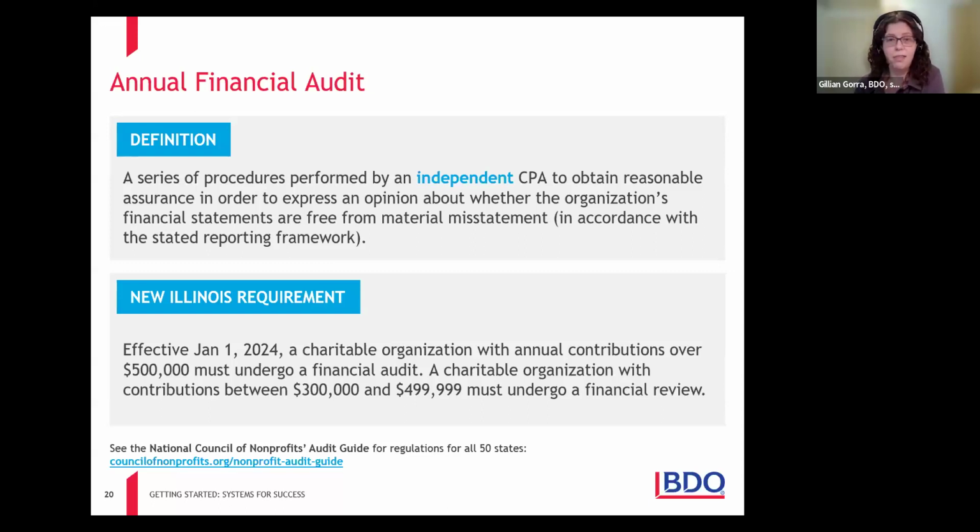So this is something that a lot of organizations here in the state of Illinois, including Arts Alliance, were really active in trying to get changed, and they did. So now this year, any nonprofit organization with contributions between $300,000 and $500,000 will have to undergo something called a review. A review is similar to an audit. It's not quite as extensive, and it might be slightly less expensive.